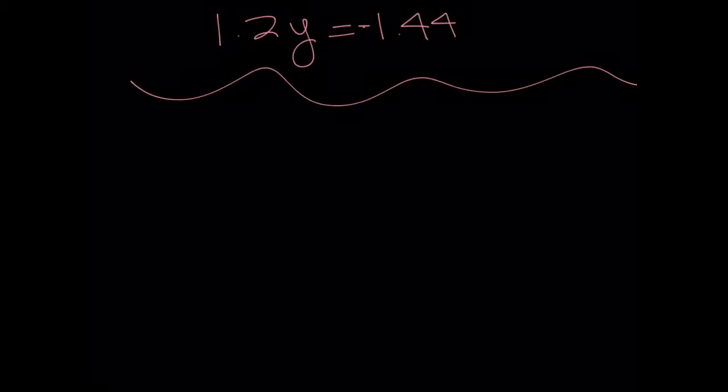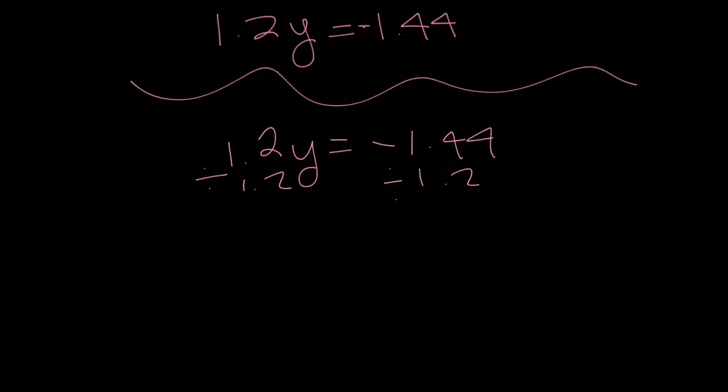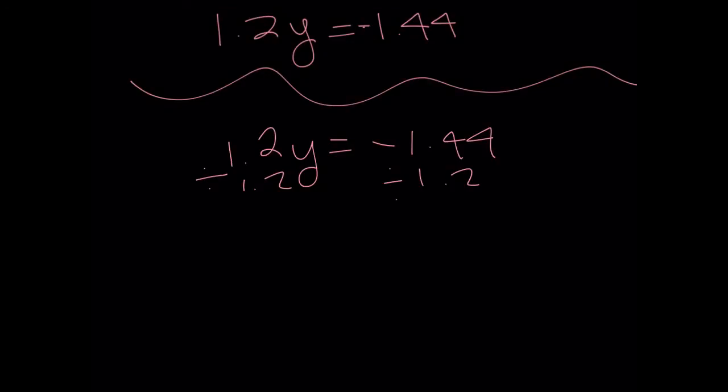Okay, so we're going to rewrite our problem, and this is multiplication, so it's 1.2y equals negative 1.44. And so now we're just going to divide all of them by 1.2, so divided by 1.2 and divided by 1.2. So dividing by 1.2, it's going to cancel out this side, which leaves y by itself.